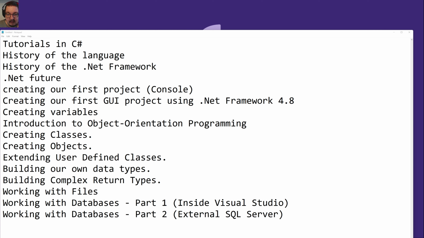Within that, we will be creating variables. I'll give a brief but most important lesson in object-oriented programming, in which we'll create classes and objects. We'll then extend our user-defined classes that we create ourselves.